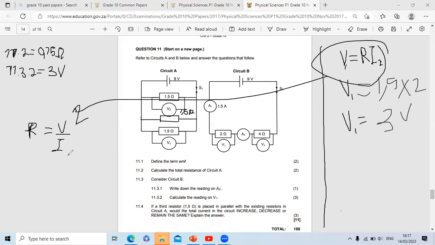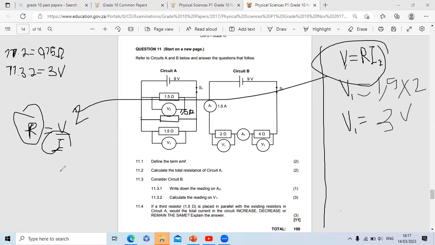So if current increases, resistance is decreasing, and if resistance increases, current is decreasing.